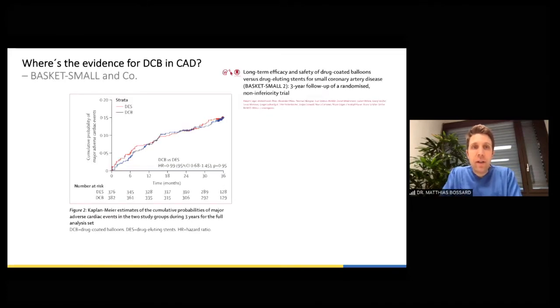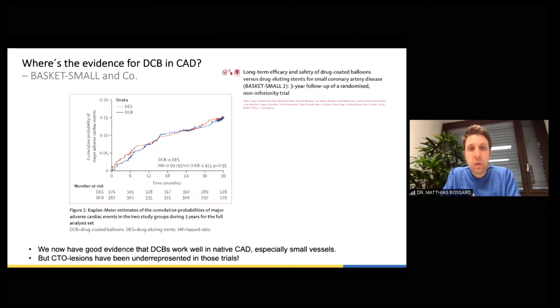As you're well aware, there's a growing body of evidence for using drug-coated balloons in coronary artery disease. That's the just recently published long-term outcomes of the BASKET-SMALL study. In that study, a paclitaxel-eluting balloon was compared to the TAXUS and SCIENCE stents, and it showed non-inferiority of drug-coated balloons in small vessels.